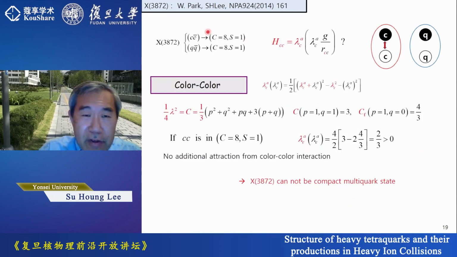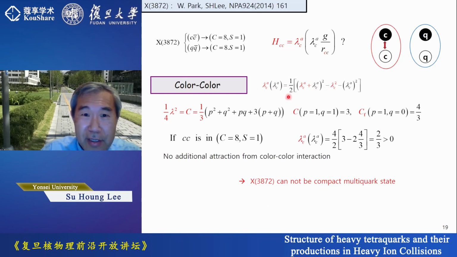So if you look at the spin 1 color octet channel, and then see whether this small c c-bar attraction is large enough, we find that this is not, because if you have a color octet c c-bar configuration, color octet is repulsive.